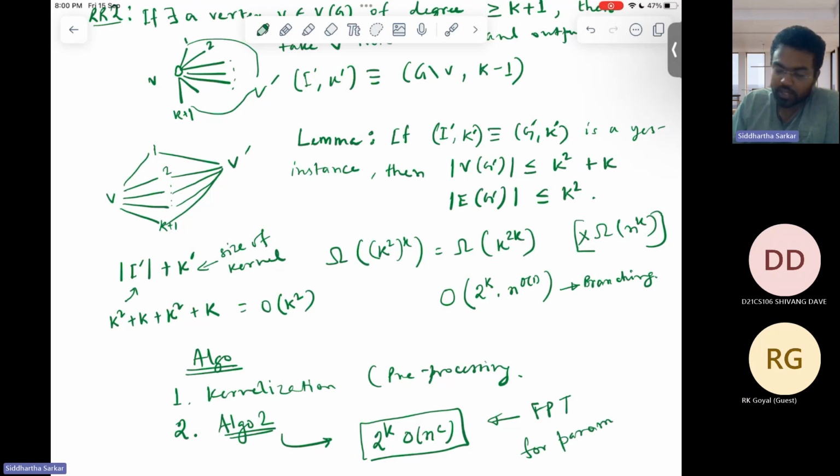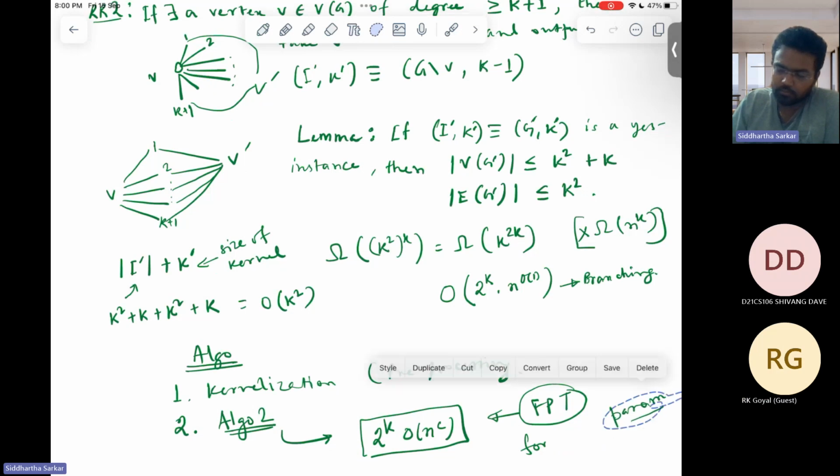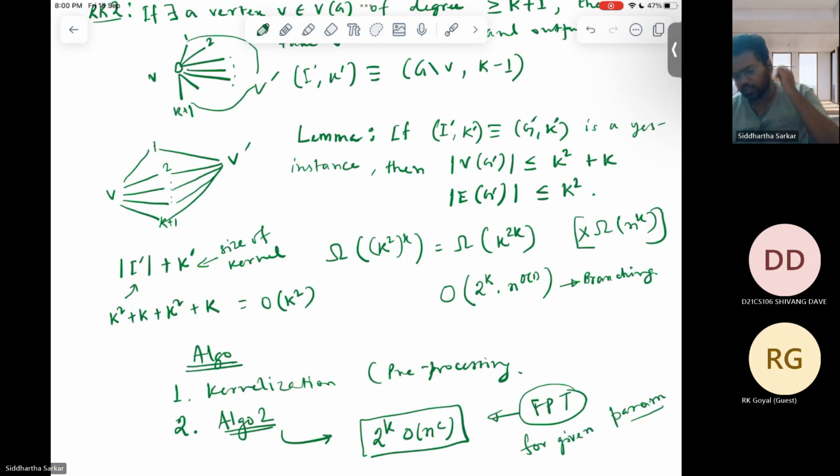All the fixed parameter tractability claims are with respect to the given parameter. Kernelization is not the whole algorithm, and therefore the course being called parameterized algorithms has very little to do with kernelization. Kernelization is only part of a fixed parameter tractable algorithm.